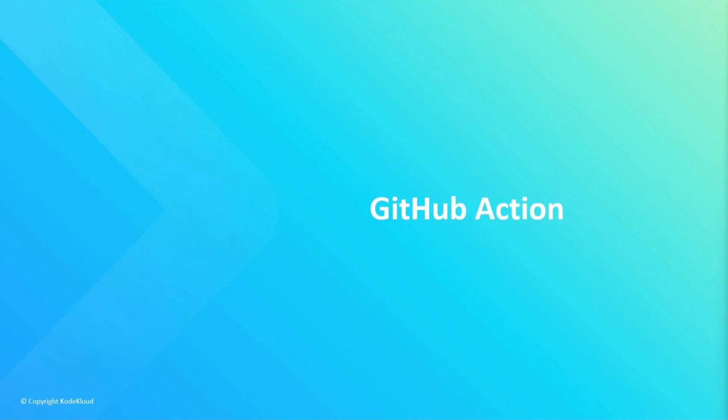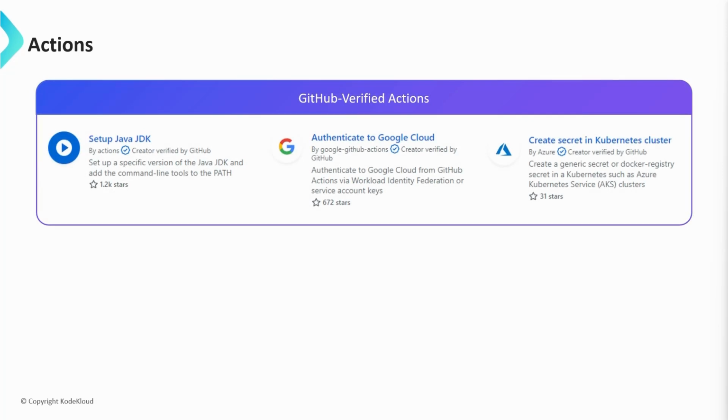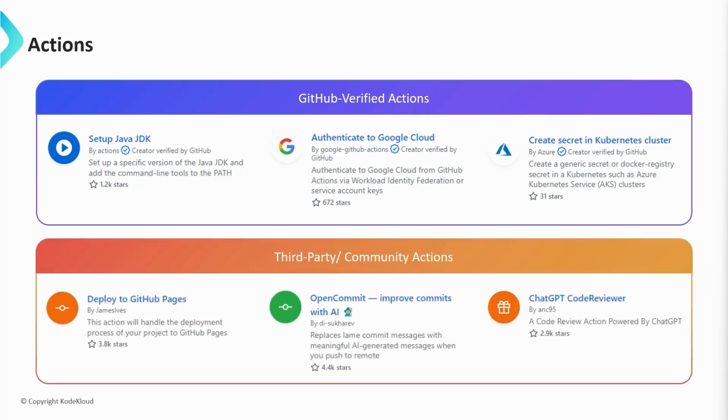Let's talk about actions. As mentioned in one of our previous sessions, actions within GitHub workflows are pre-built, reusable automation components designed for specific tasks. And these actions can be created by you or by the members of the community, making it easy to share and reuse automation logic.